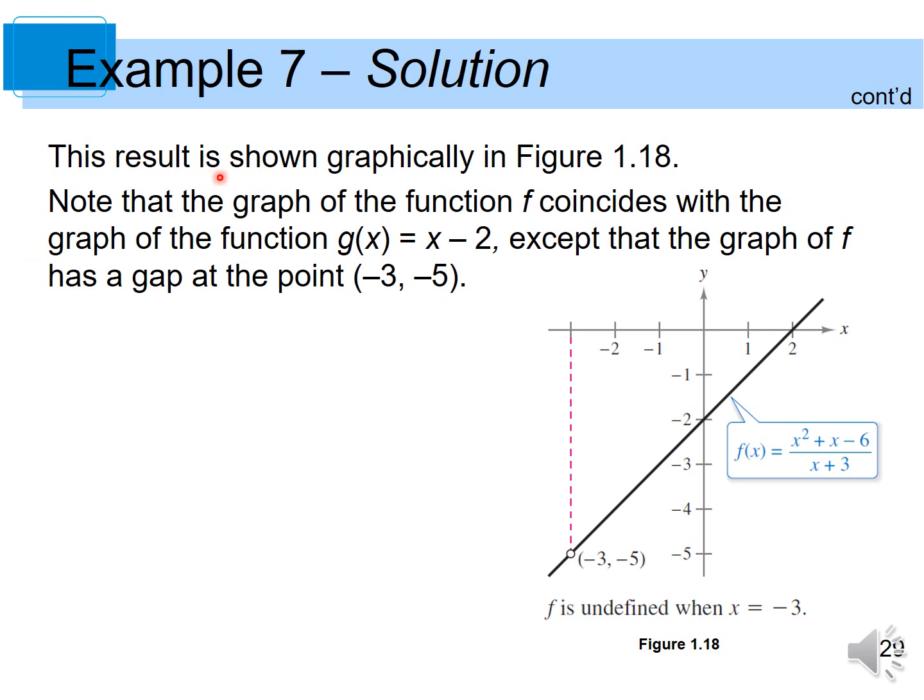This result is shown graphically. Note that the graph of the function f coincides with the graph of the function g(x) equals x minus 2. I've said that the graph of f has a gap at the point negative 3, negative 5.